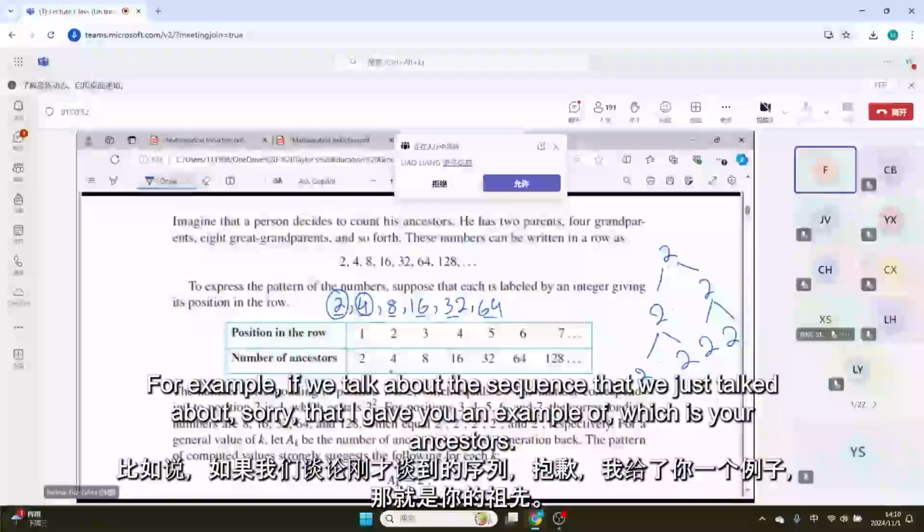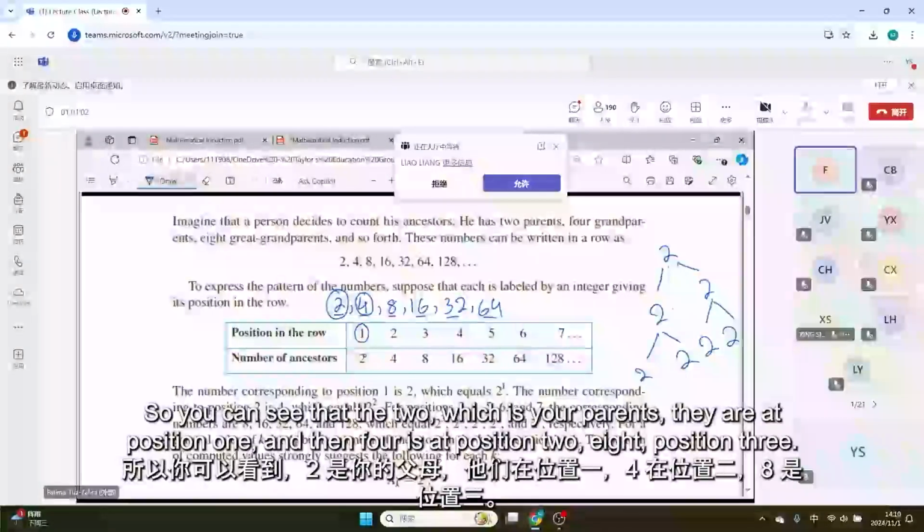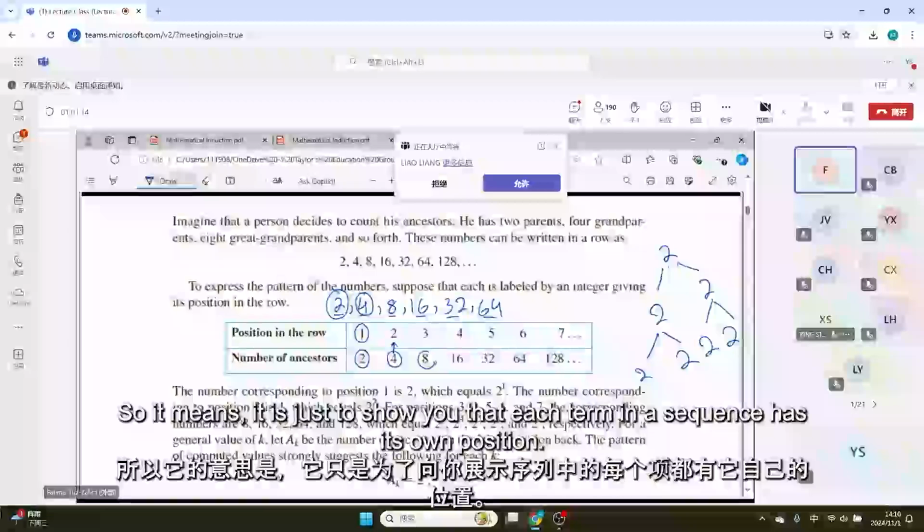For example, in the sequence of ancestors that we just talked about, you can see that the 2, which is your parents, is at position 1, and then 4 is at position 2, 8 at position 3. This is just to show you that each term in a sequence has its own position.